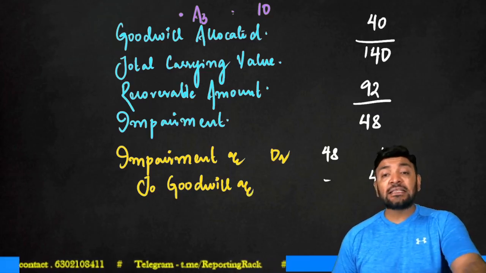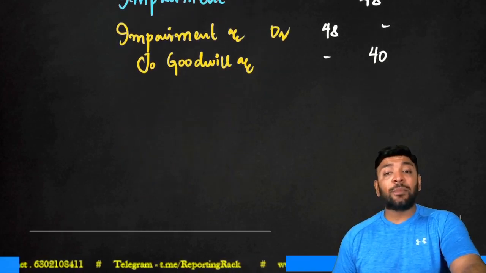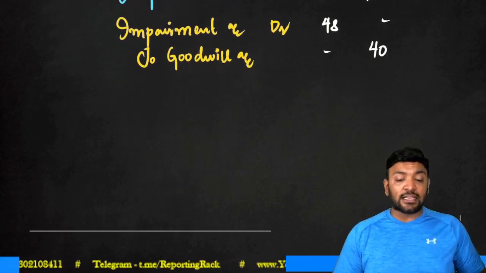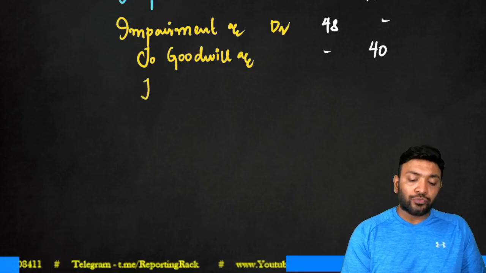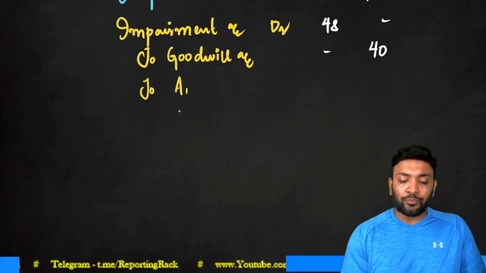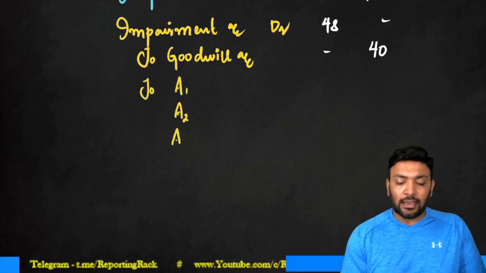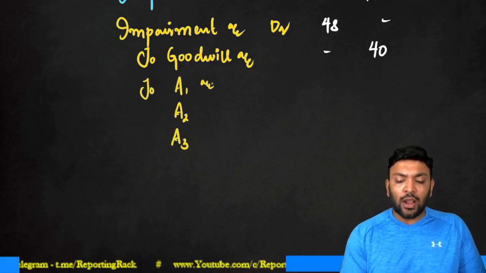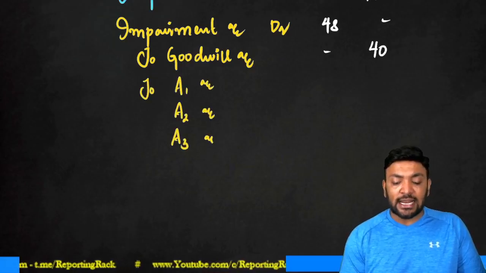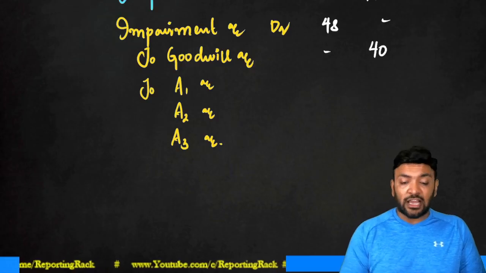What about the balance 8? The balance 8 should be allocated to the assets within the CGU, so to asset A1, A2, A3. How do I allocate impairment to each asset? In the proportion of their carrying value.